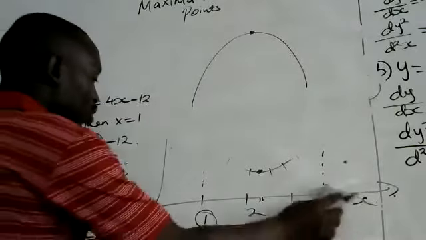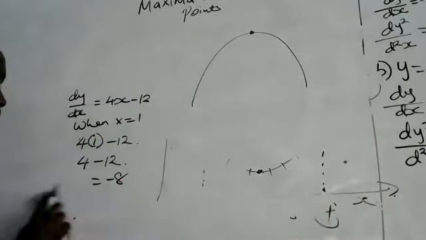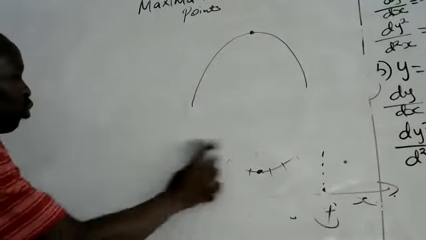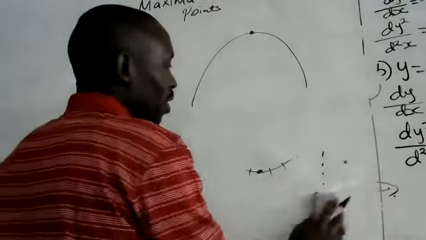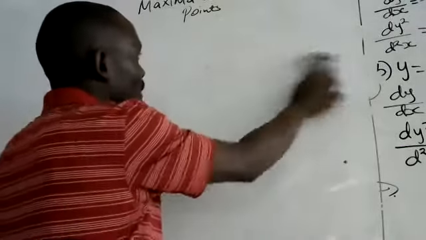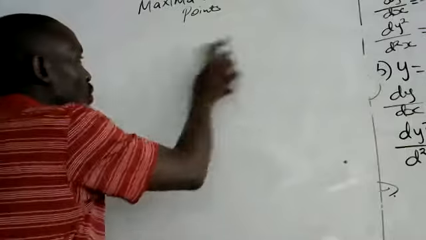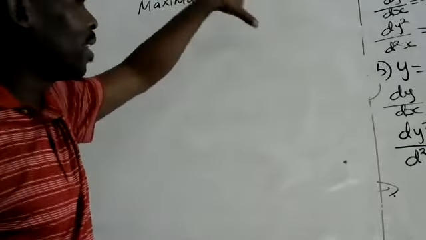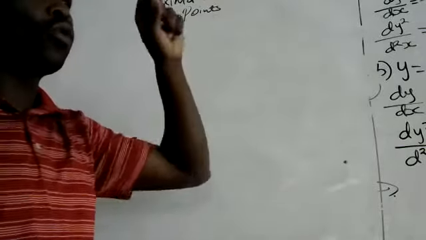But don't be troubled with all these calculations that are done here to demonstrate that. What I want you to take home and always remember is that at the turning points, the gradient is always 0. So at either the maximum point or the minimum point, the gradient is always equal to 0.